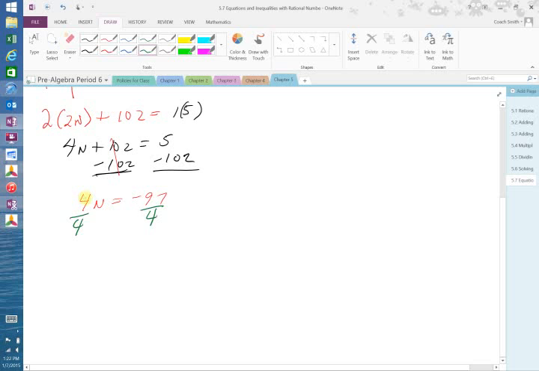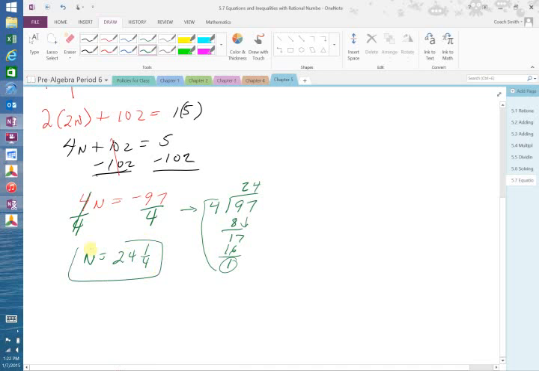That leaves me with n. 4 goes into 97: 4 times 2 is 8, remainder 1. Bring down the 7. 4 into 17 goes 4 times, 16, remainder 1. Put the 1 over the 4. So n is negative 24 and 1/4, and that's the answer to your problem.